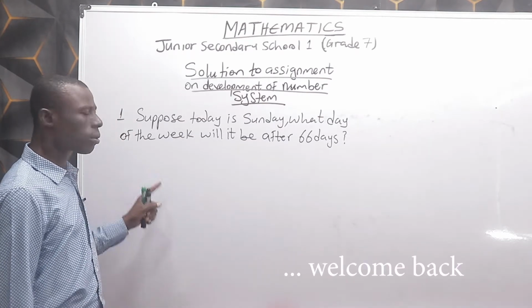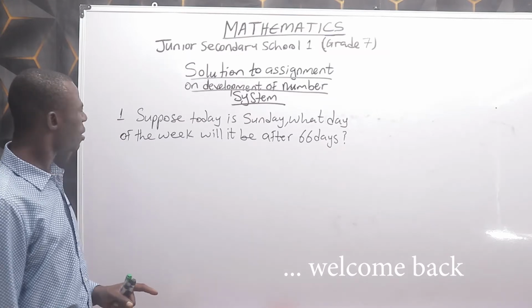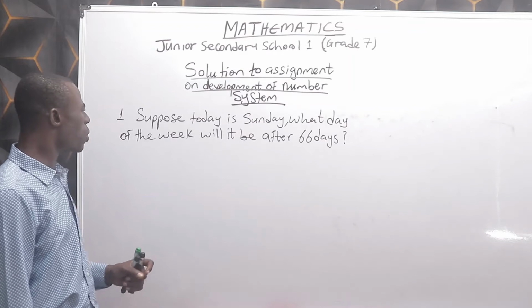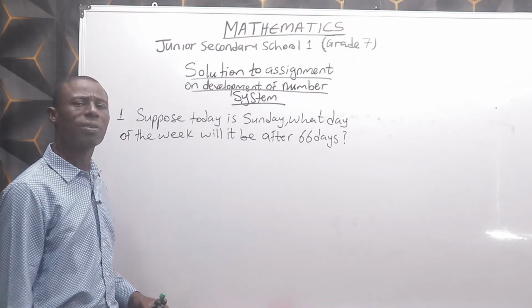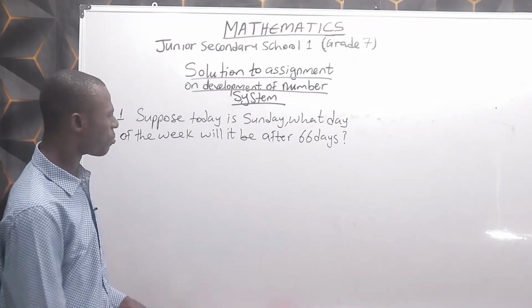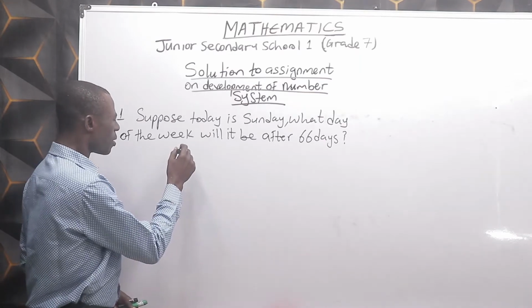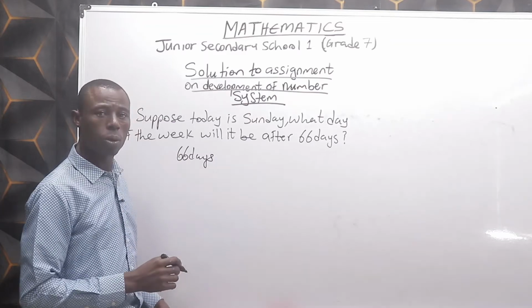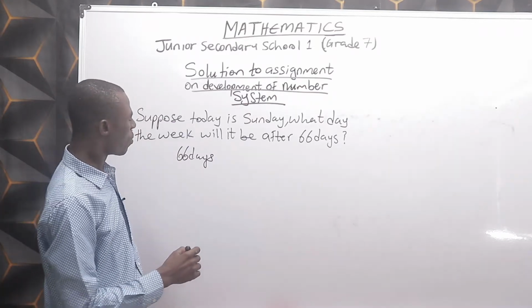Here is question number one of the assignment. Suppose today is Sunday. What day of the week will it be after 66 days? 66 days is what we have to deal with.